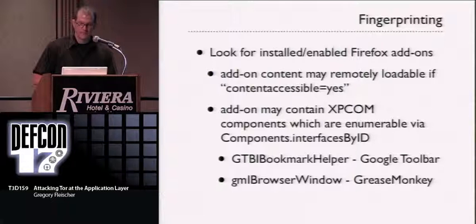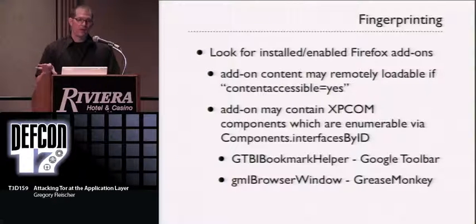So, using this, we can very easily and very quickly identify specific user agent strings, even if you've attempted to hide them. We can also look for installed and enabled Firefox add-ons. In the old days, like Firefox 2, components expose themselves via chrome. Chrome content can be very easily retrieved. Some extensions still choose to do this by setting contentaccessible equals yes in their manifest files. So we could pull information from resources in chrome.